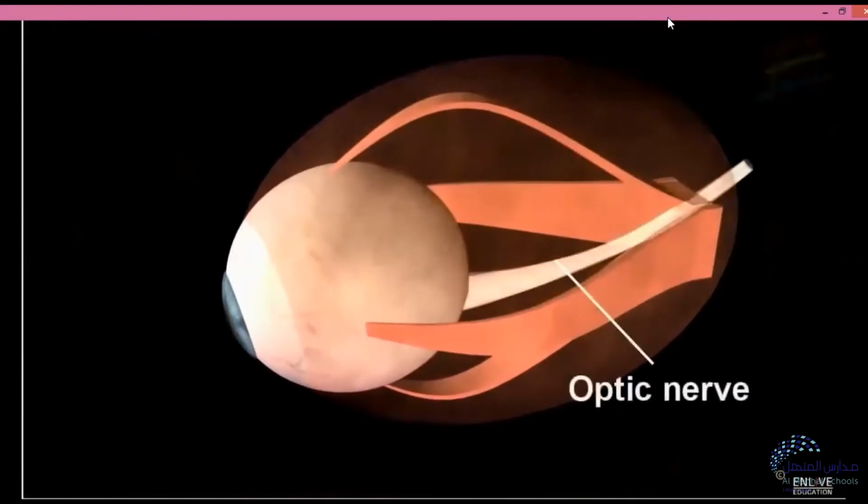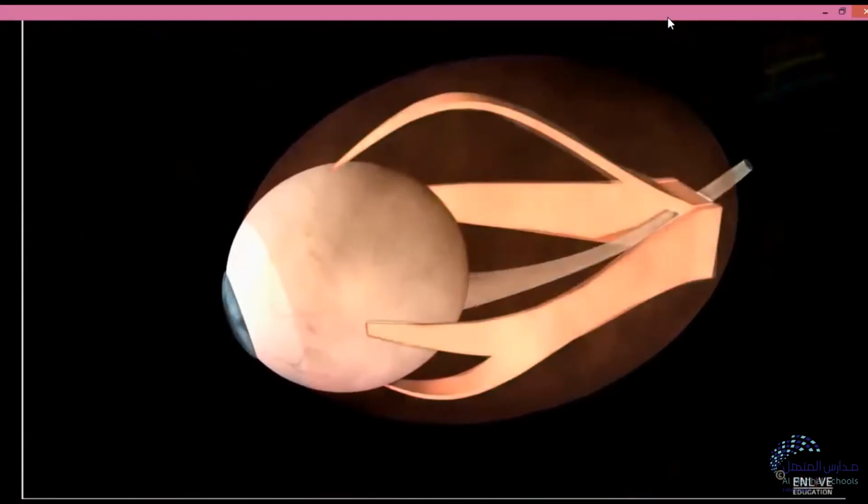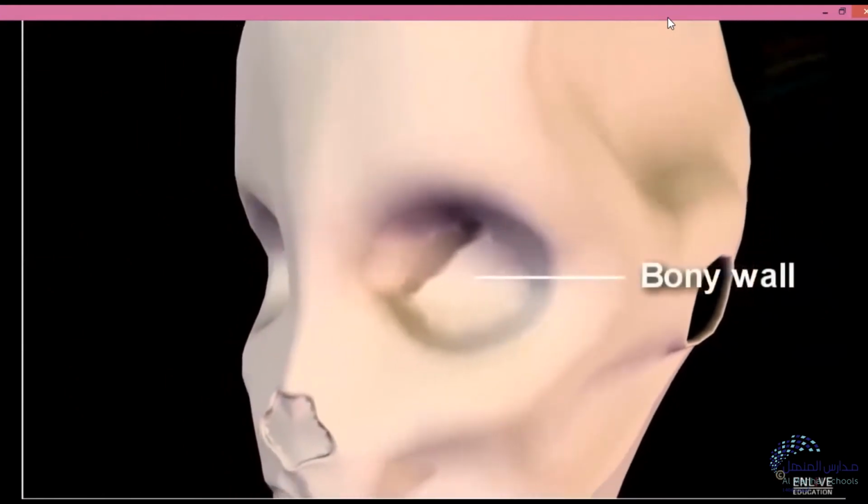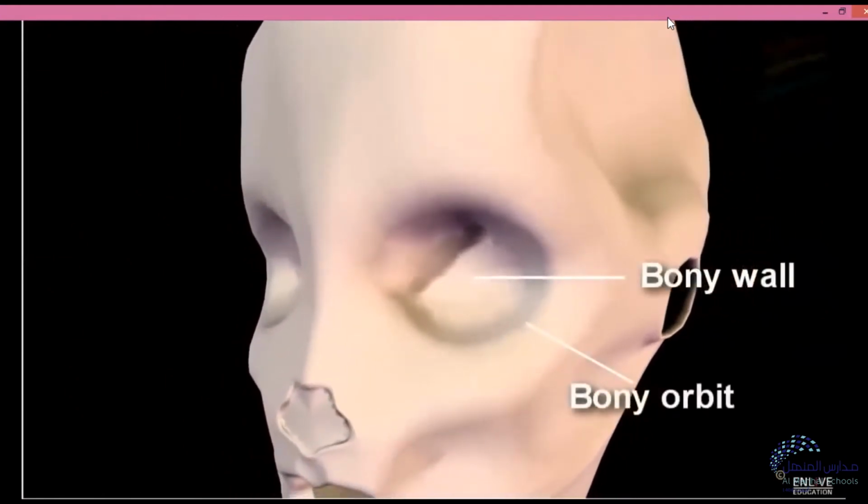Note this white stalk called the optic nerve, which connects the eye to the brain, and also these muscles which move the eyeball. This is the empty eye socket within the skull with its bony wall inside and a bony orbit in front.